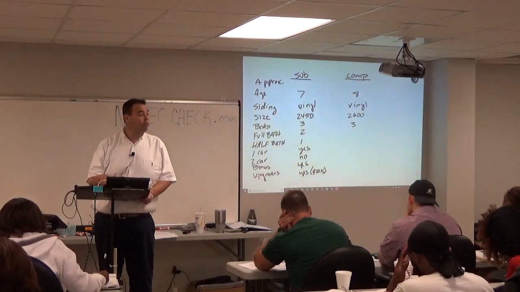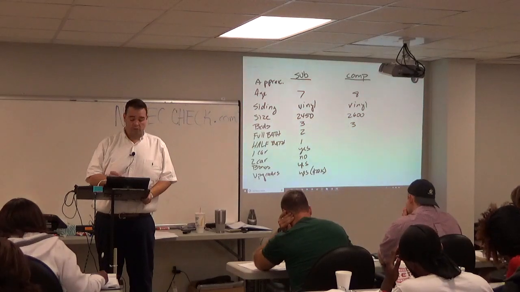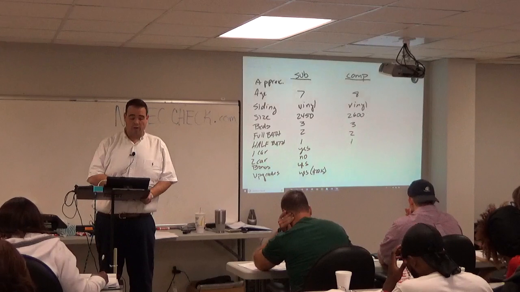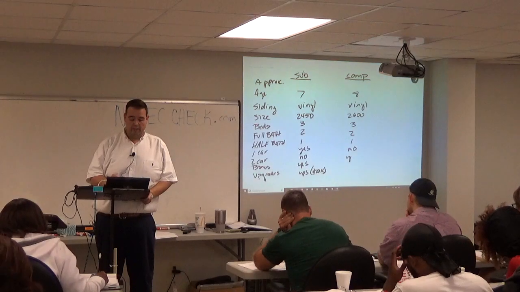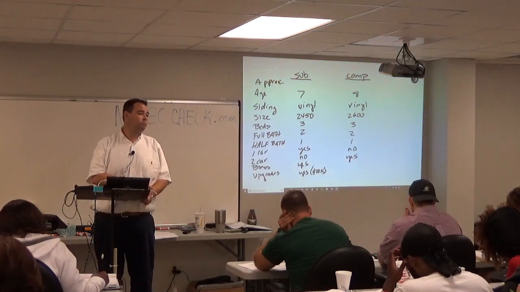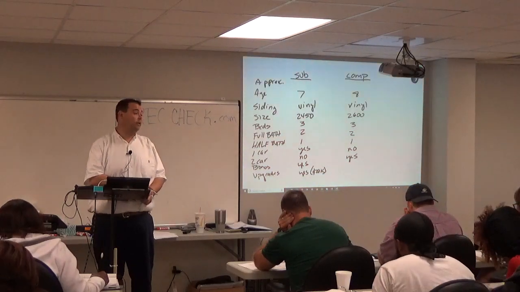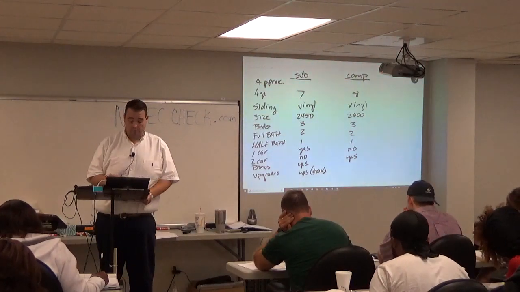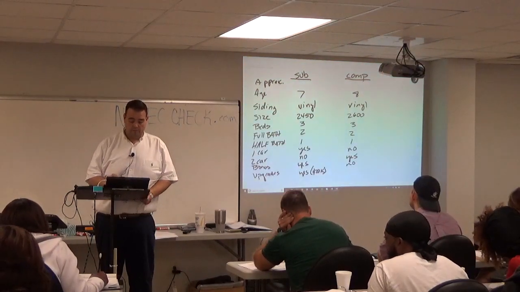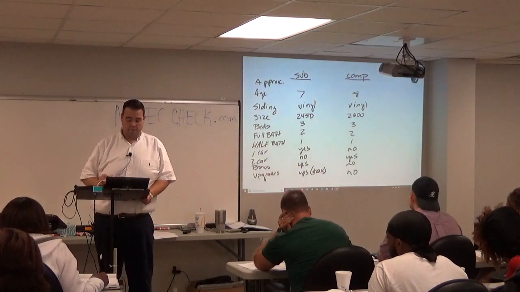How about baths? 2 full and 1 half. How about a 1-car garage? No. How about a 2-car garage? Yes. Does it say anything about a bonus room? No, we don't know. What about upgrades? No. Okay.